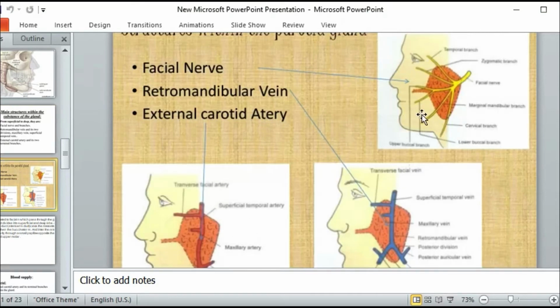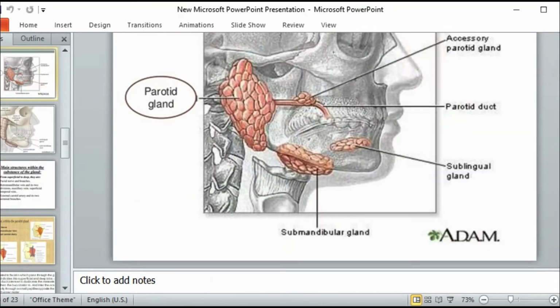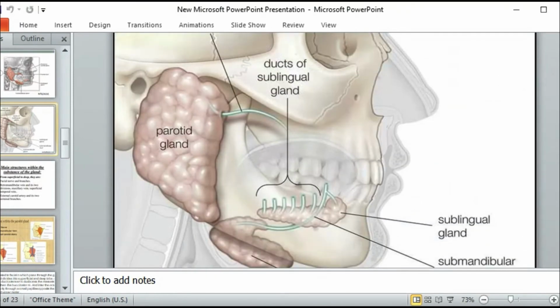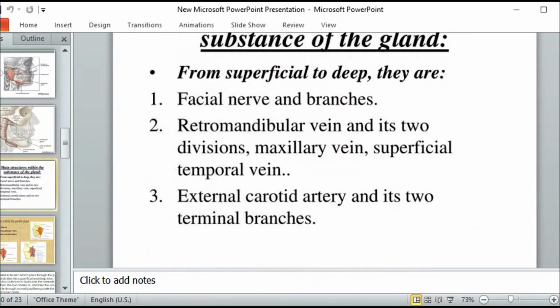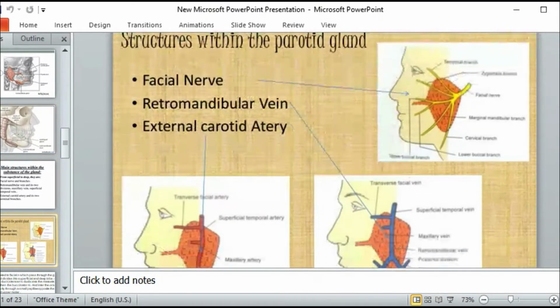Okay, this picture show these pictures show the structure within the parotid gland.